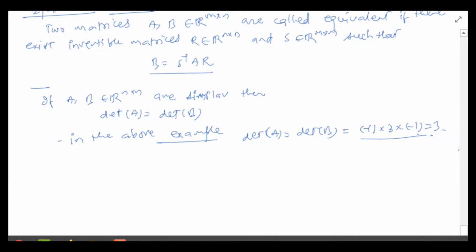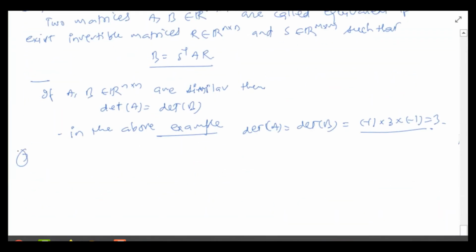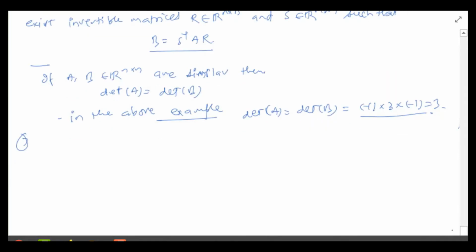Now let's see yet another property, and this will be property number 7. It says that adding a multiple of a column to another column does not change the determinant of the matrix. Similarly, adding a multiple of a row to another row does not change the determinant of the matrix.